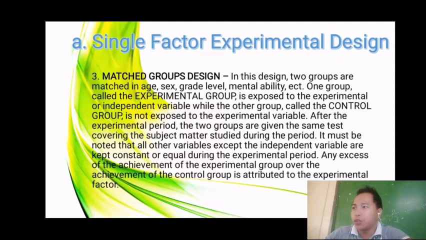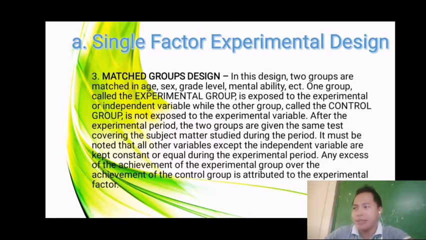One group, called the experimental group, was given guidance and counseling during the experimental period, while the other group, called the control group, was not exposed to guidance and counseling. All other variables such as lessons, tests, time spent per study, method of teaching, etc. were kept equal.